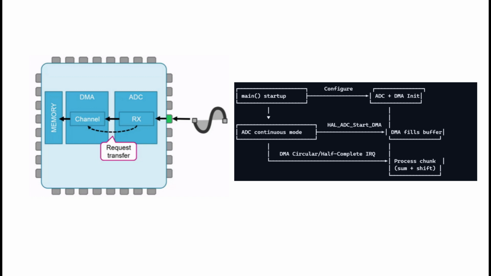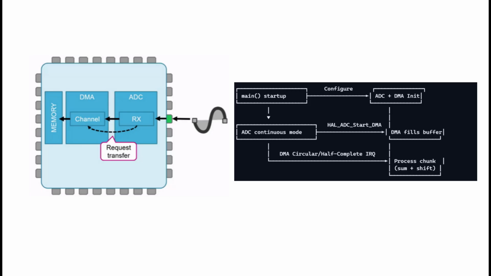Are there any catches or things to watch out for with DMA oversampling? A few things. Remember, your effective sample rate is the raw ADC conversion rate divided by your oversample count. The DMA buffer size directly impacts RAM usage, so keep the oversample count as small as you can while still getting the resolution you need.